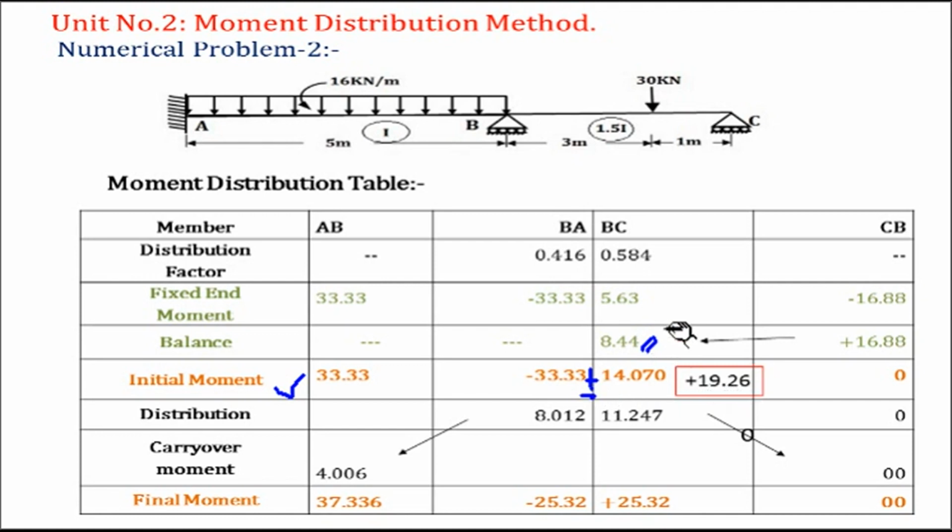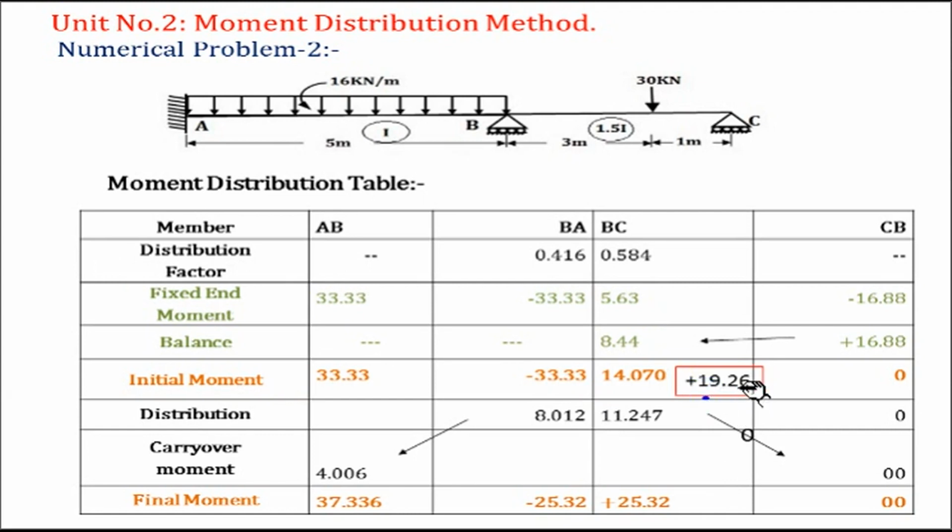If you do the addition, the value comes out minus 19.26. That means there is a need for a correction. So for correction you have to take plus 19.26. Okay. So apply that correction plus 19.26 and distribute it now.